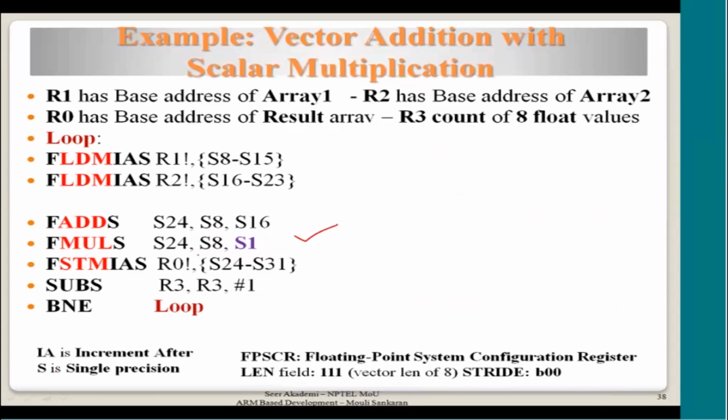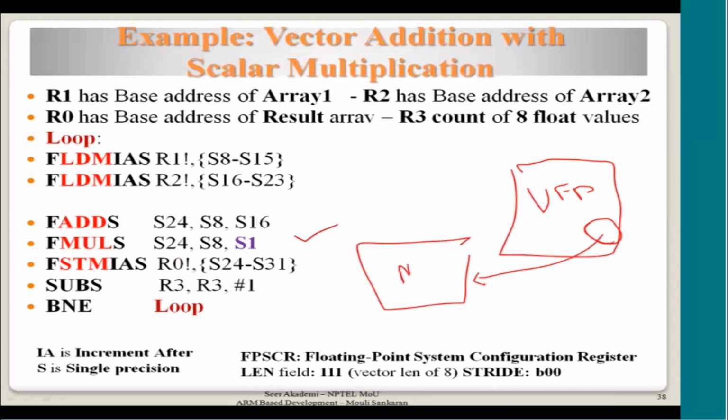Now we have done some job inside the VFP. Unless the computed value comes out into memory, there is no use of this operation. Only once it comes into memory can ARM do something with it. So you have to get the values from the internal registers out to memory.